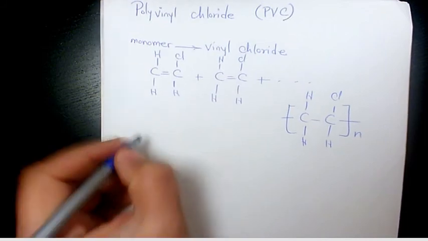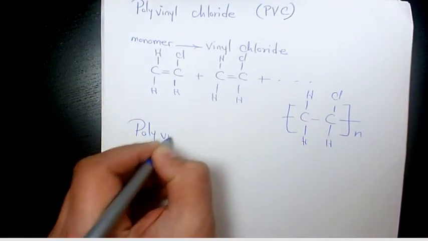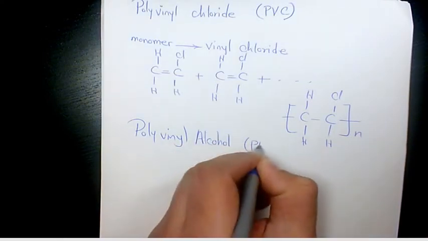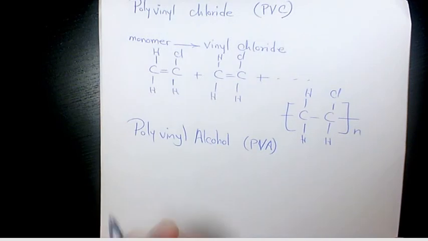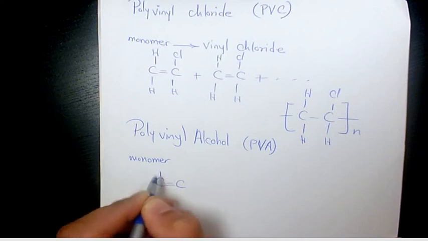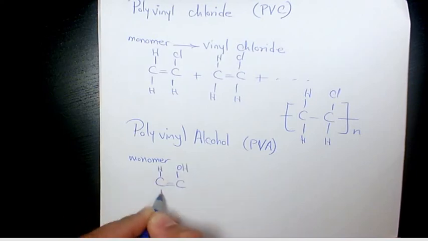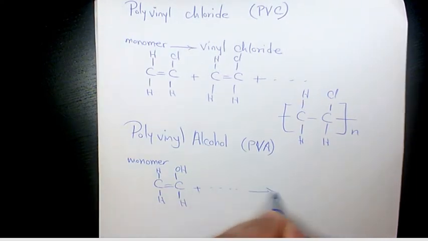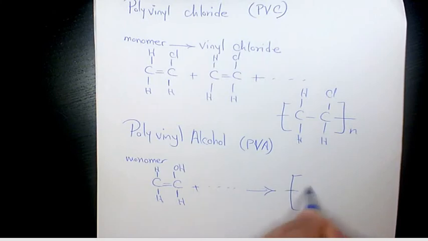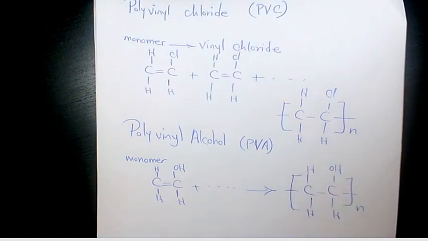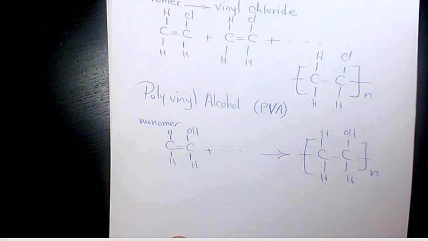Another example is going to be polyvinyl alcohol or PVA. The monomer is vinyl alcohol, so they are going to react to each other, and we have addition polymerization, and then it produces PVA or polyvinyl alcohol.